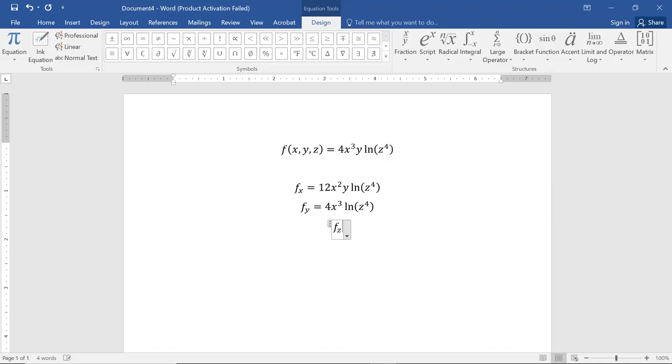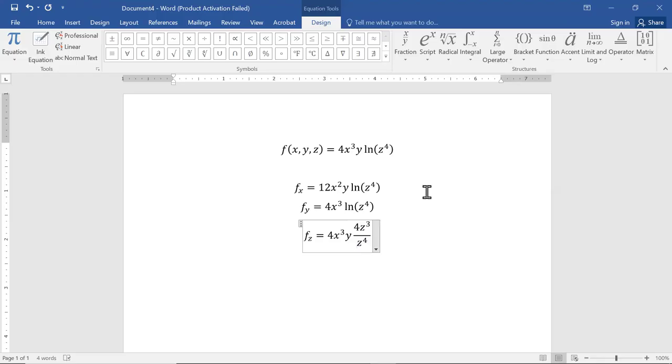Now, derivative with respect to z, we get 4x to the third y as the coefficient. Derivative of natural log of z to the fourth would be 1 over z to the fourth times the derivative of the inside function, which is 4z to the third power.